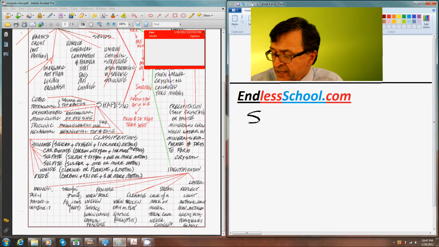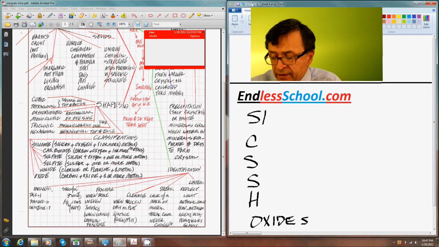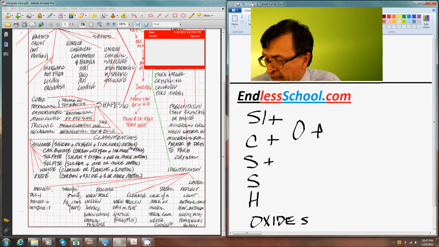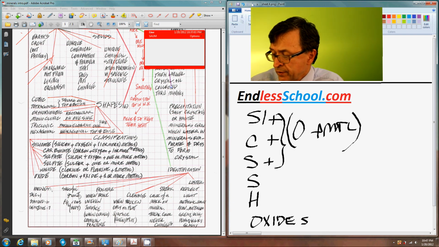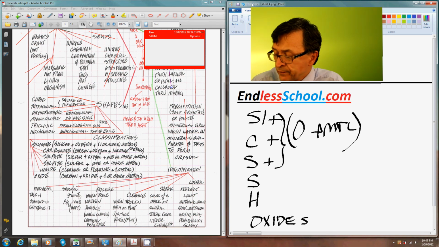You have silicon, carbon, sulfur, halides, as I just described, and the oxides. With silicon as silicates, and carbonate and sulfate, you need oxygen and metal combined with these three to give you silicate, carbonate, or sulfate.